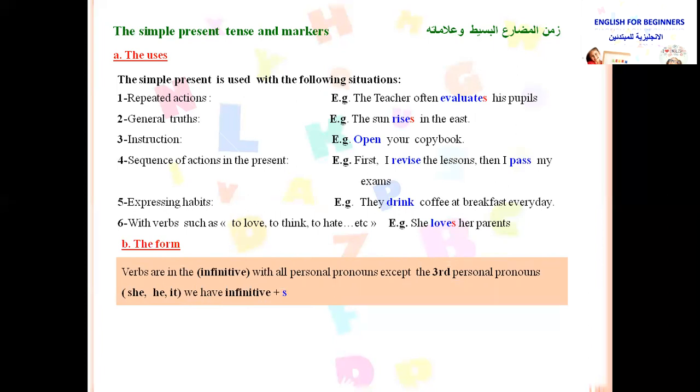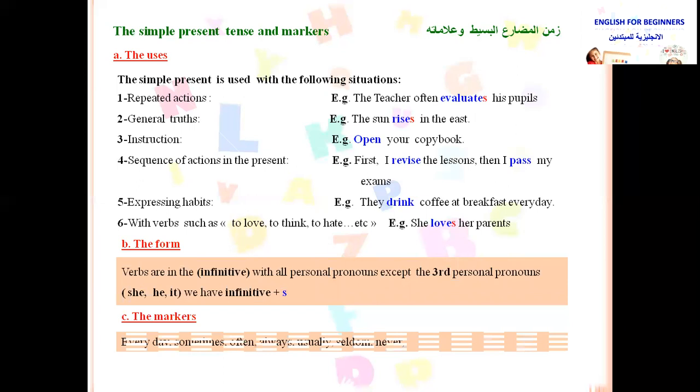In the first example, the teacher here is he, the personal pronoun he. So I added the letter s to the verb evaluate because it's the third person pronoun. And the same thing with the second one, the sun rises, and the last one, she loves.